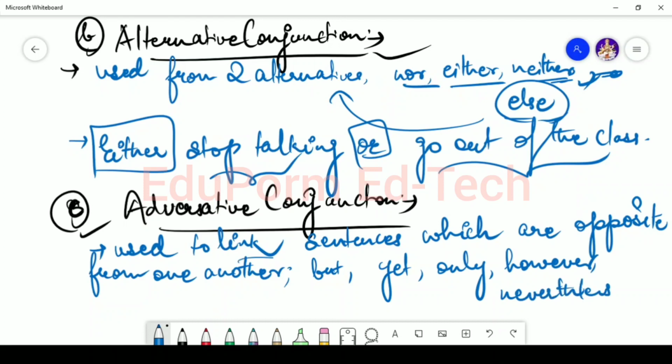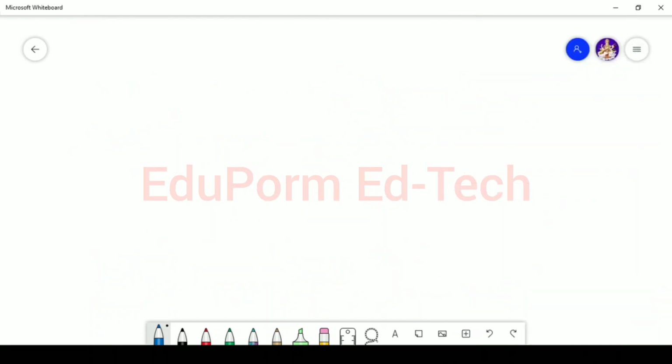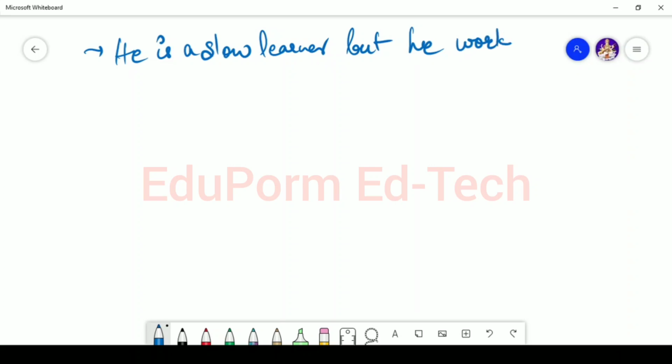We are trying to link two sentences which are very much opposite from one another. Say for example, he is a slow learner, but he works really hard.